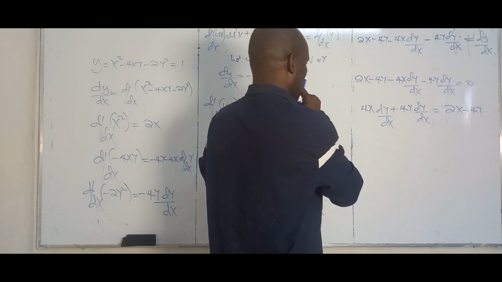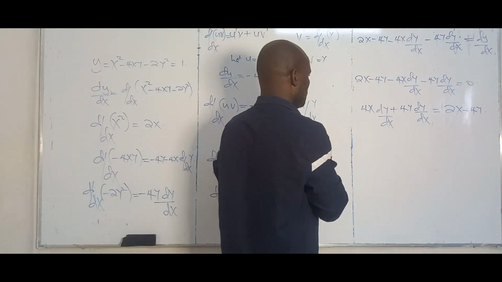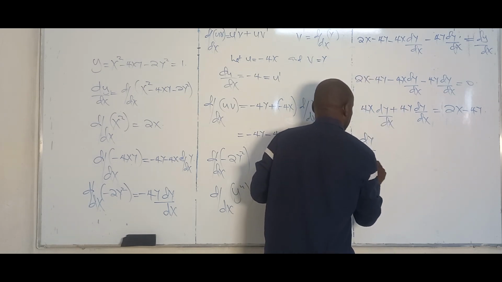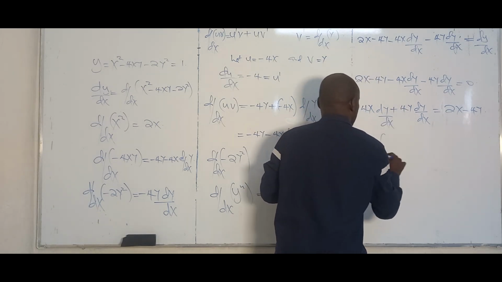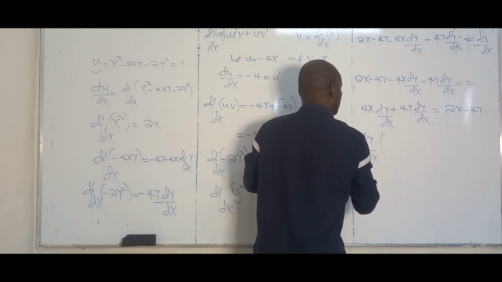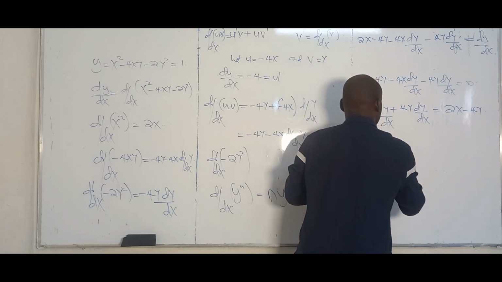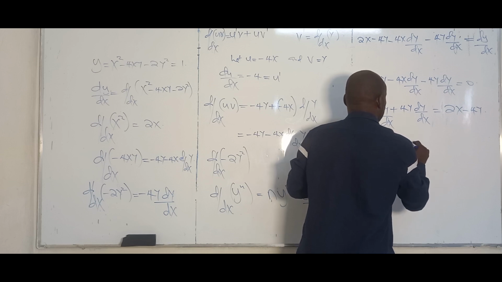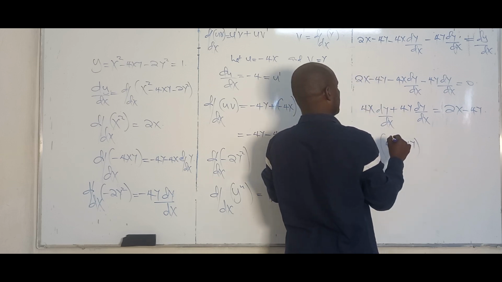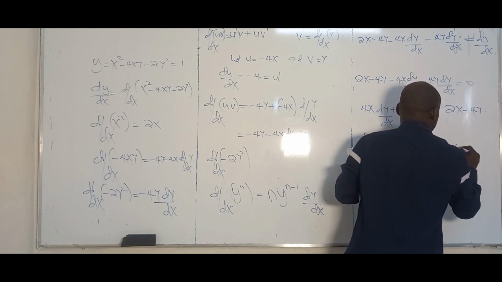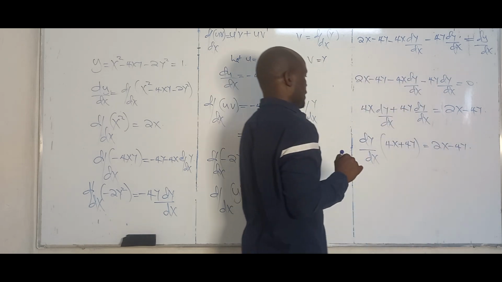So I can factorize dy dx, so that I have 4x plus 4y inside is equal to 2x minus 4y.